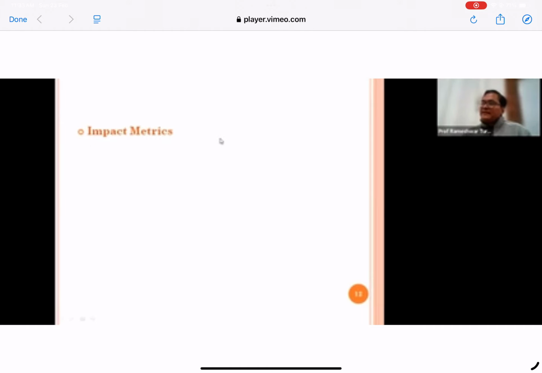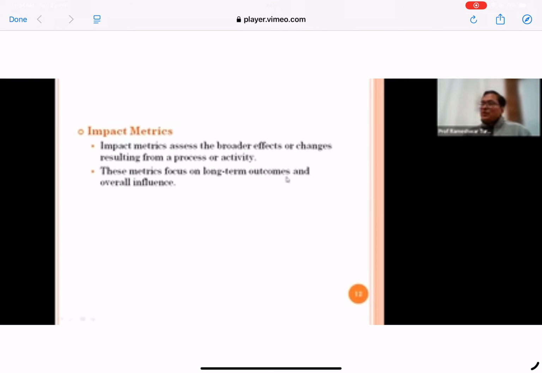Then there are impact related metrics, the third type. Impact related metrics assess the broader effects or changes resulting from a process or activity. These metrics focus on long-term outcomes and overall influence. For example, return on investment measures the financial return generated from an investment relative to its cost.